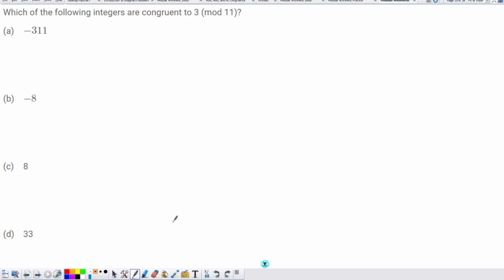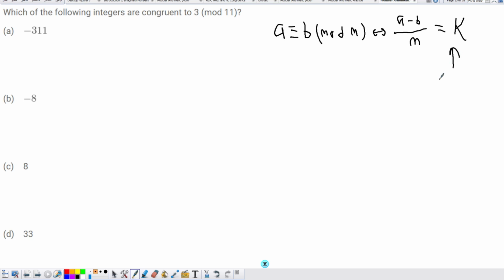Now, we had established the following formula: if A is congruent to B mod M, then this works if and only if (A minus B) over M is equal to some K, where K is an integer.